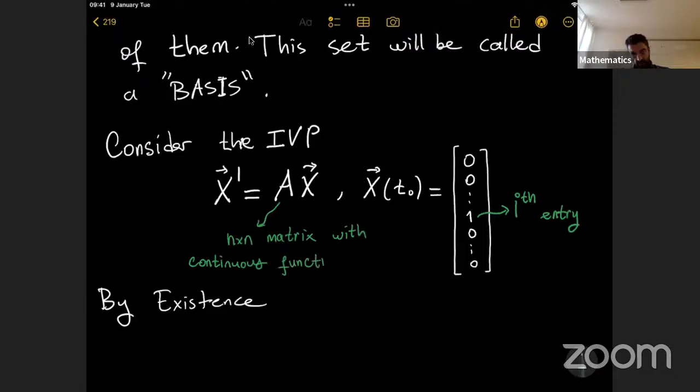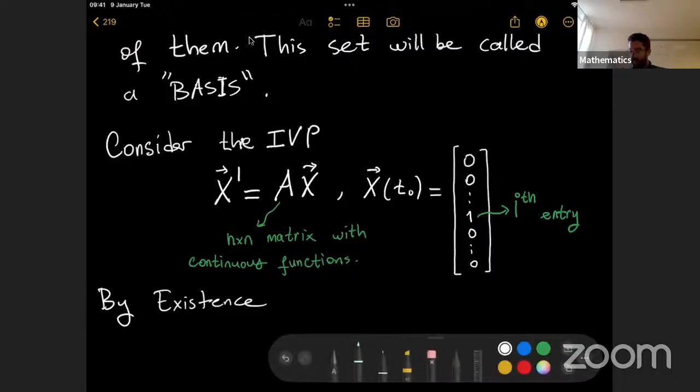So each entry is a continuous function in an interval around this initial point. Then the existence and uniqueness theorem says there is a unique solution.